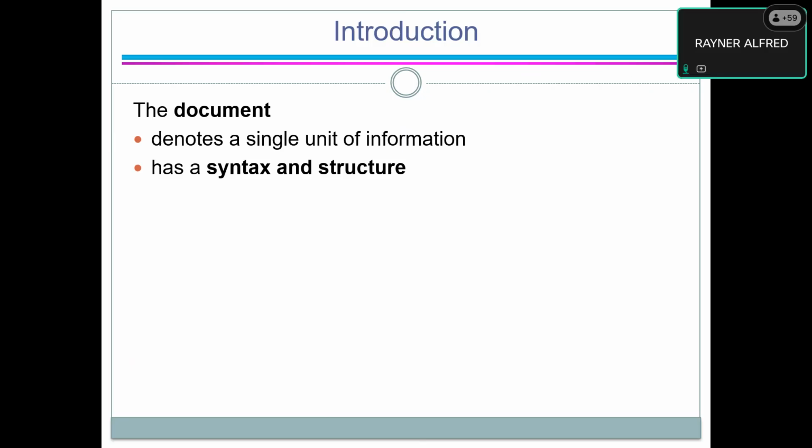The structure refers to what field or what type of information is stored in that particular page. For example, we must know what is the topic, where is the location of the topic, who is the author, and so on. So the structure of the document will tell you where to find that information.